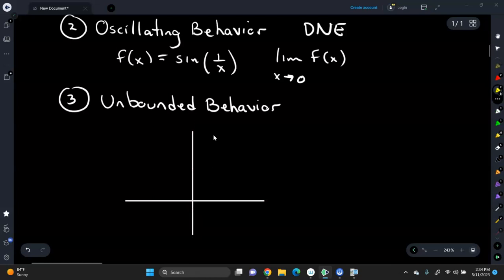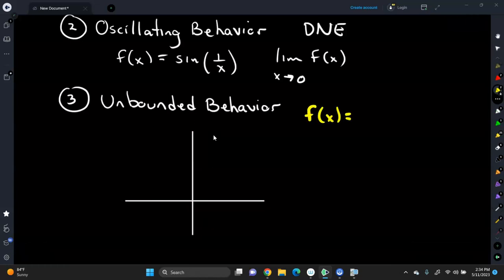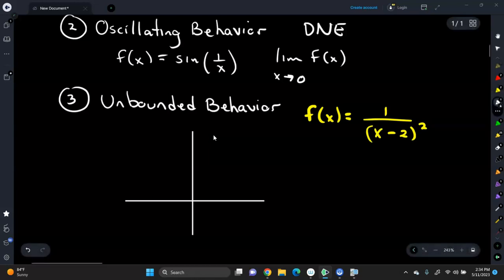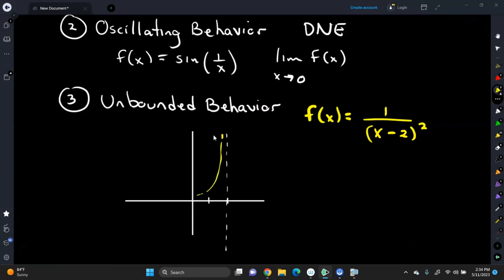Let's look at an example of f of x equals 1 over x minus 2 squared. This is going to have a vertical asymptote at x equals 2, which means we're going to approach that value but never actually cross it. So my curve is going like this.